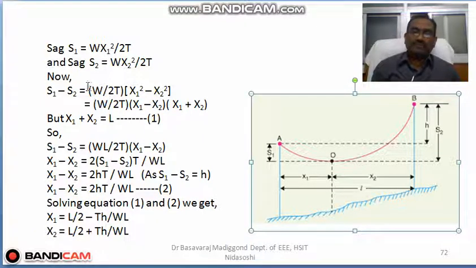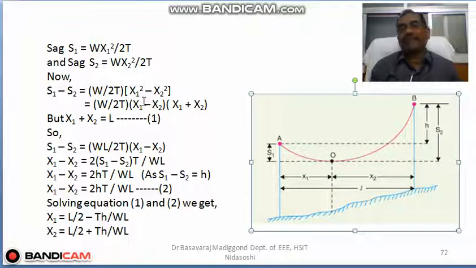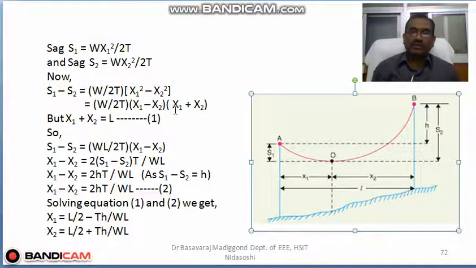After solving this, what do we get? W by 2T, x1 square minus x2 square. How can we write it? Like a square minus b square is equal to a minus b into a plus b. Same lines: x1 square minus x2 square can be written as x1 minus x2 into x1 plus x2.